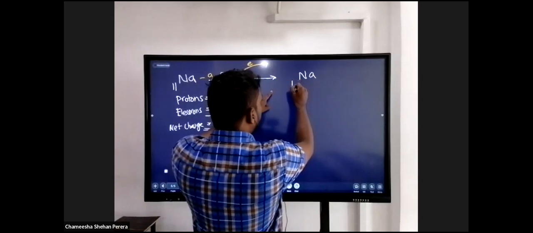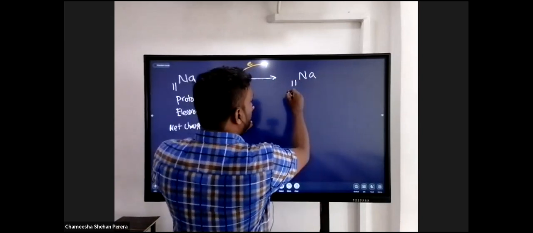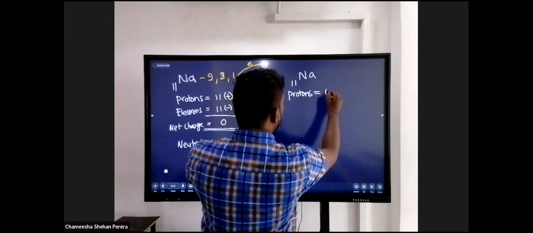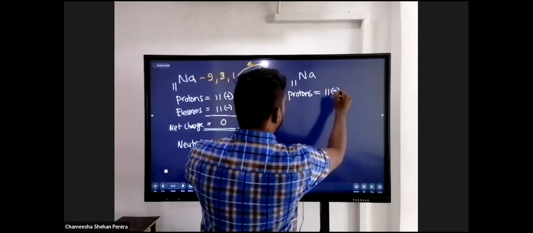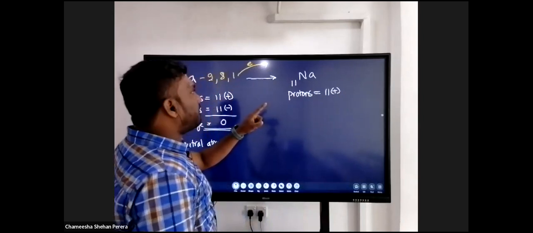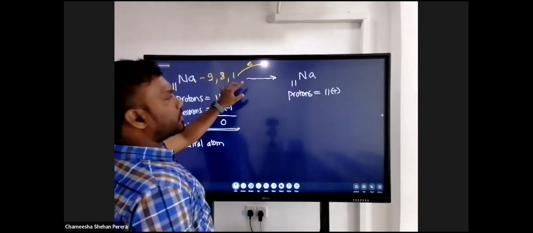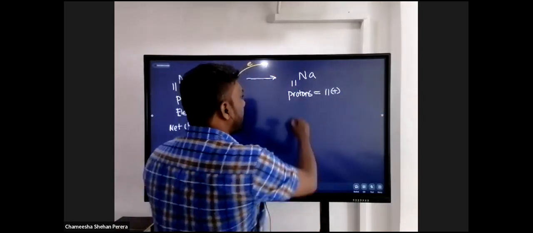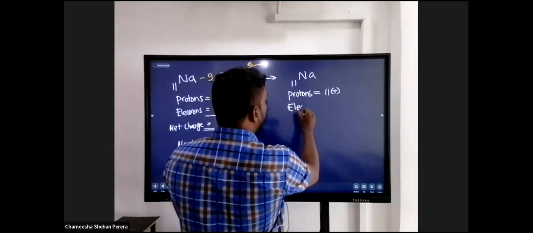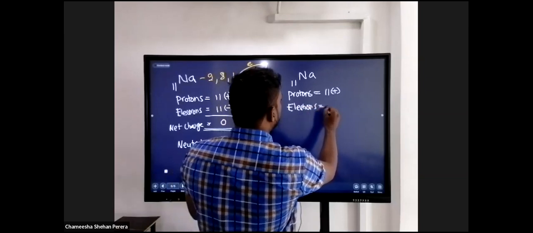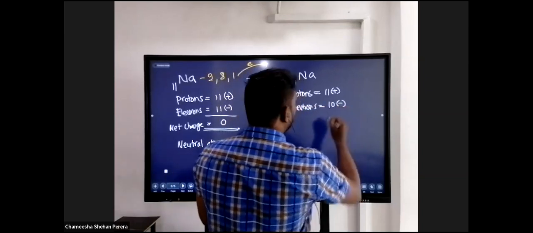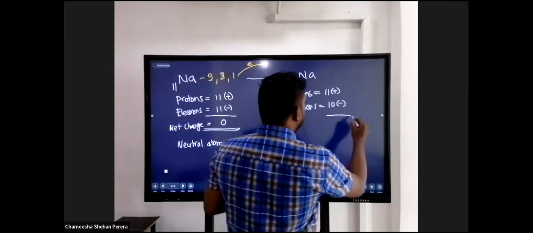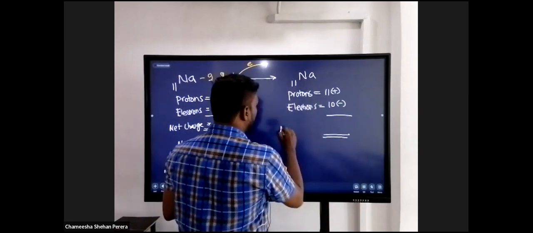The protons are still 11, which are positively charged. Then the number of electrons: it had 11 electrons, and one was given out, so now there are 10 negative electrons. Now see for the net charge.